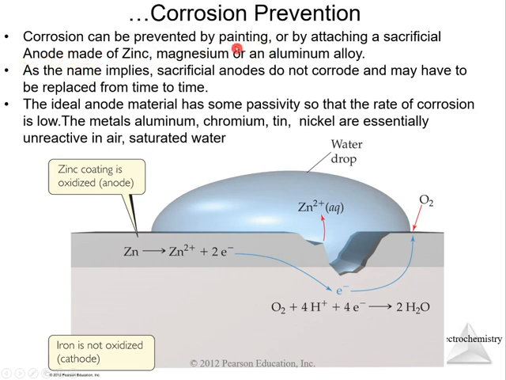A sacrificial anode corrodes in place of the metal and can be replaced at any time. An ideal anode is inert or passive, so that the rate of corrosion is very slow. These metals include aluminium, chromium, tin, and nickel, which are essentially unreactive with air.